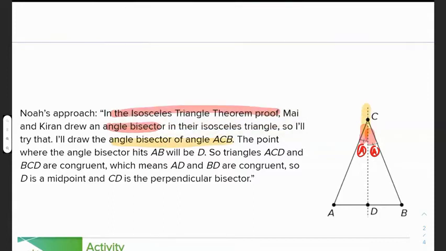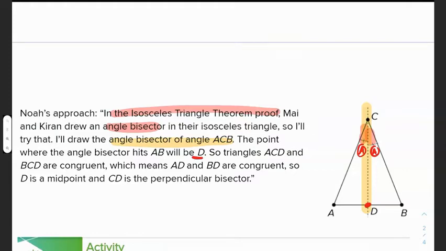So he draws this line right here, and it cuts angle ACB in half. The point where the angle bisector hits AB will be point D. So there's point D. So triangles ACD, the first triangle to the left, and BCD are congruent, which means AD and BD are congruent.